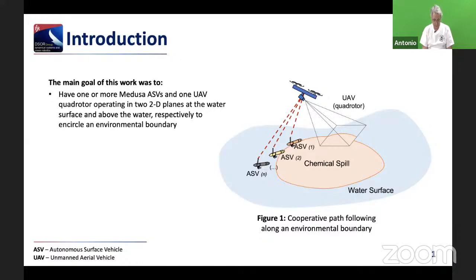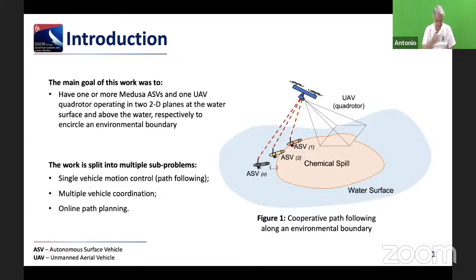The top one recognizes where the boundary is, does the detection online, and then follows the boundary, and it sends that information down to one or more vehicles that in turn go along the boundary, and if they have to do anything, like throw in some chemicals, they will do it.